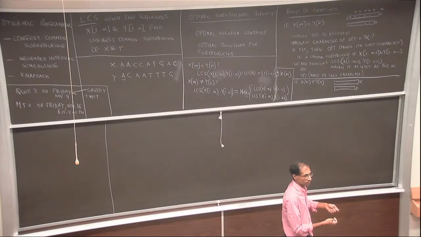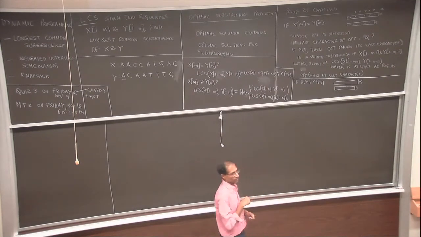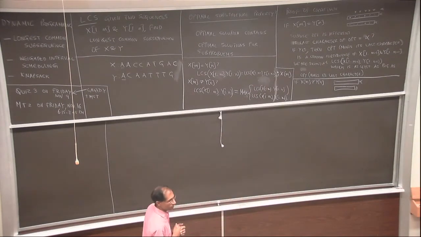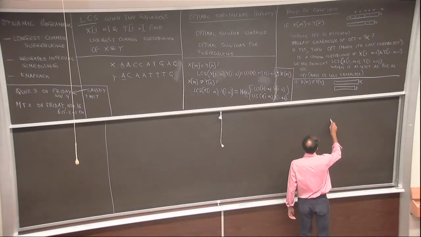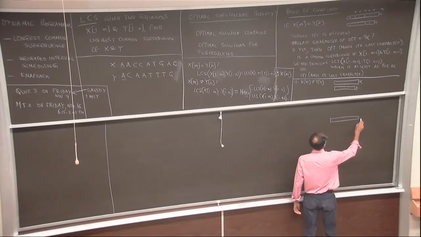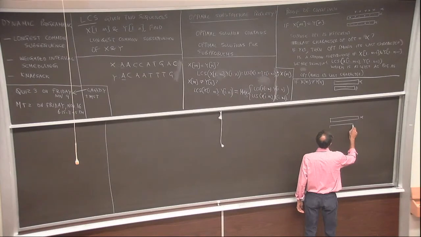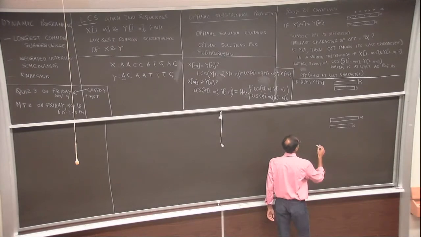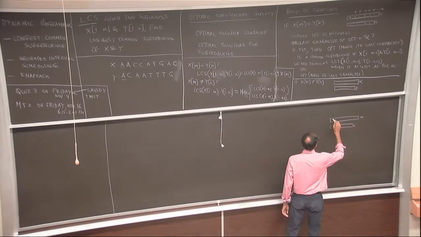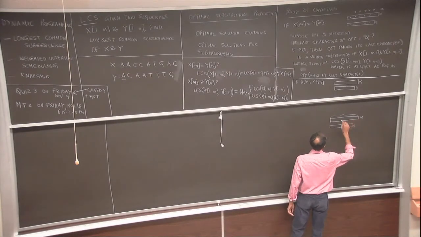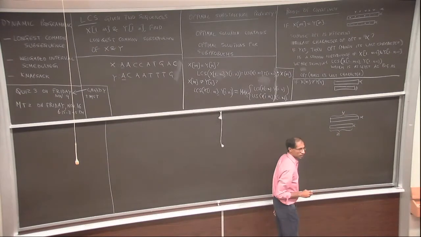But what if we are moving from the right side, and the last character is the same, but not the next one after that? Correct. So the point is that let this whole sequence be W. Let this whole sequence be Z. Okay.